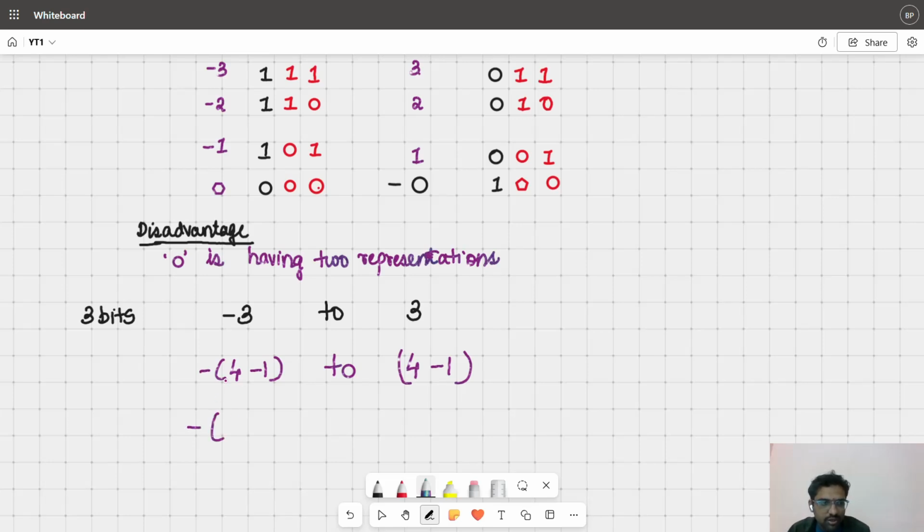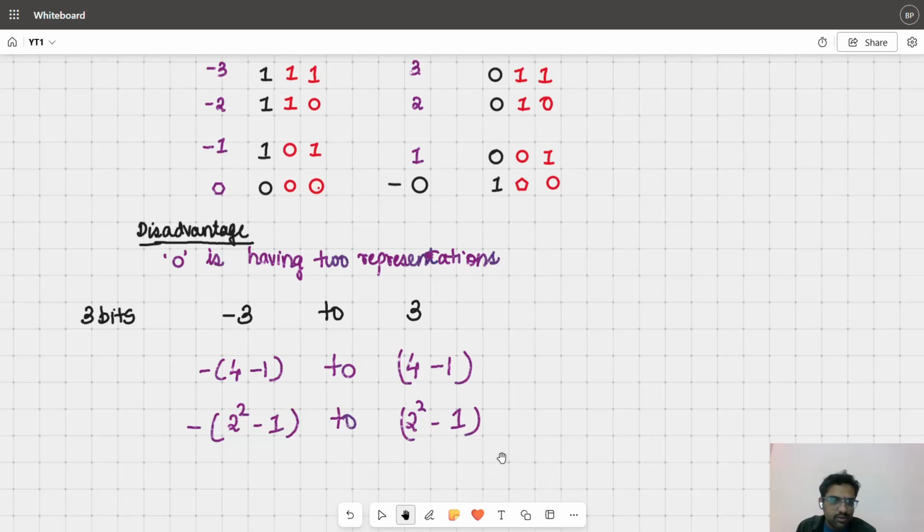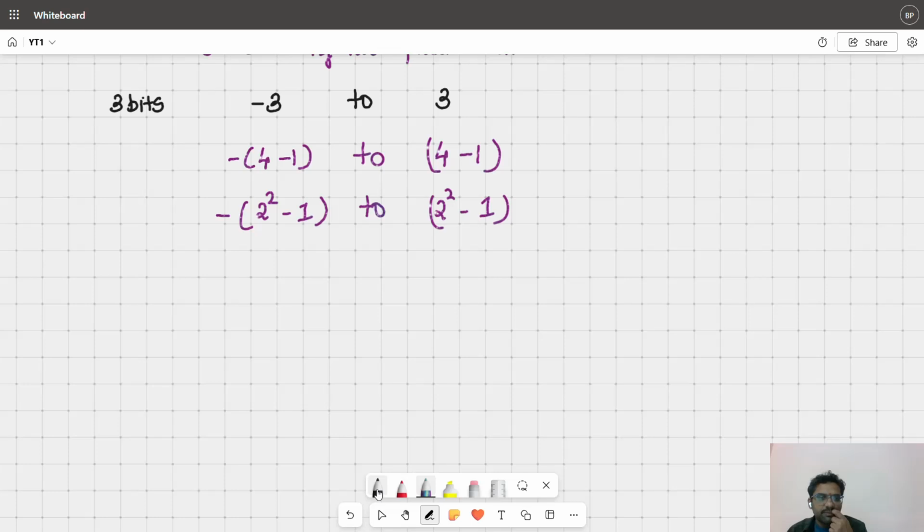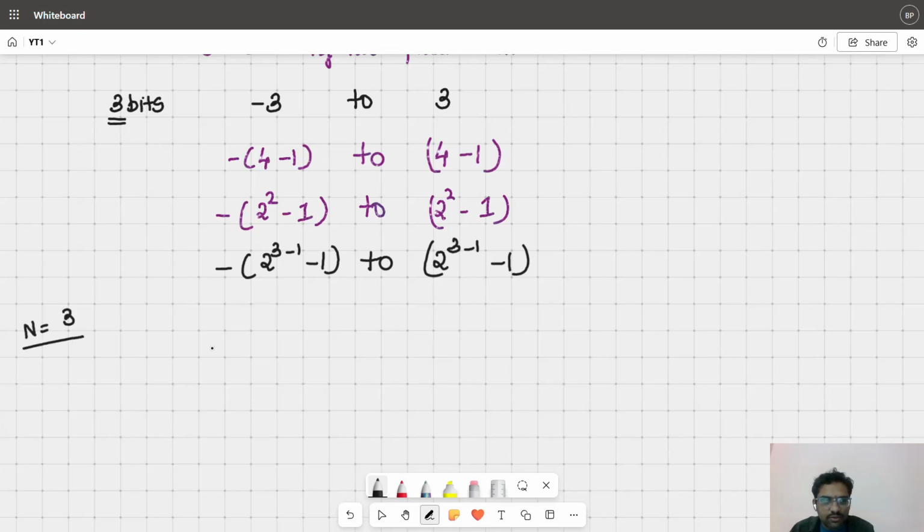Here the number of bits is 3, so replacing this with n, the actual range varies from minus of 2 power n minus 1 minus 1 to 2 power n minus 1 minus 1.